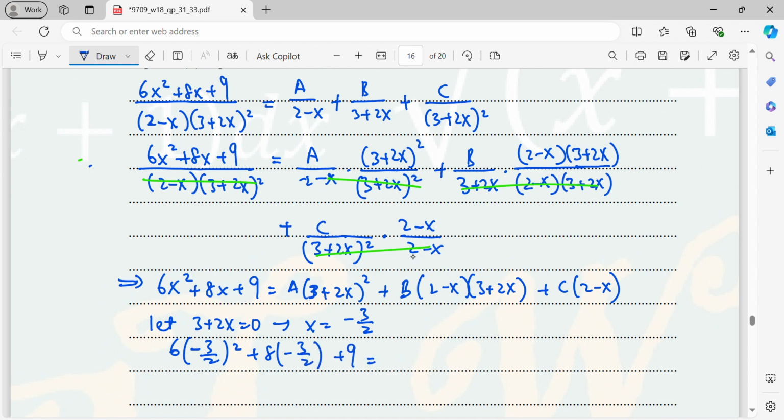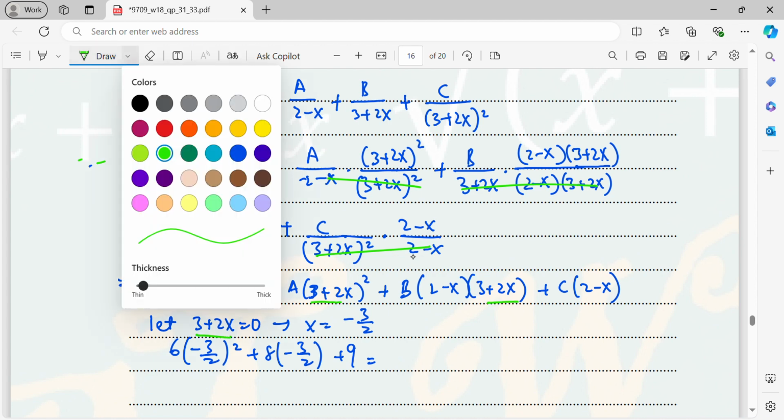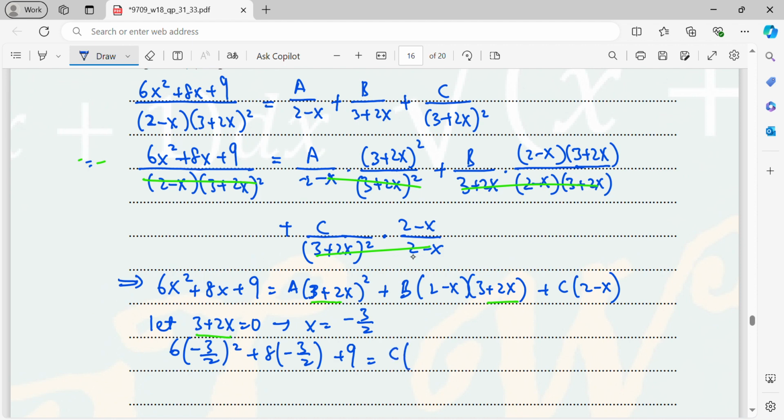Whenever you see 3 plus 2x, that will be 0, so no need to calculate. That means you are counting C now. So equals to C, 2 minus negative 3 over 2. So the left hand side is going to be 21 over 2. Then right hand side is C times 7 over 2, which means now your C is 3.